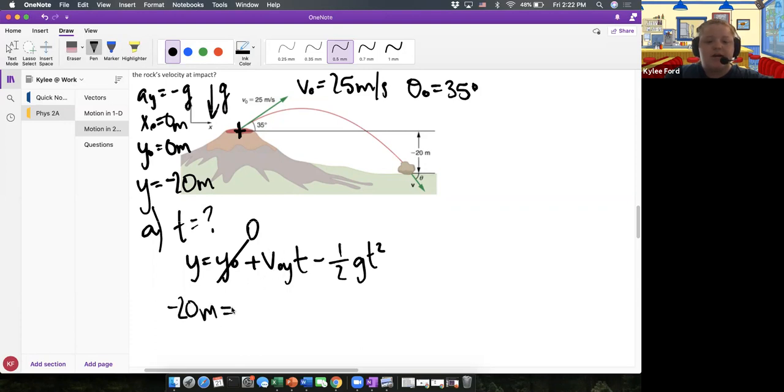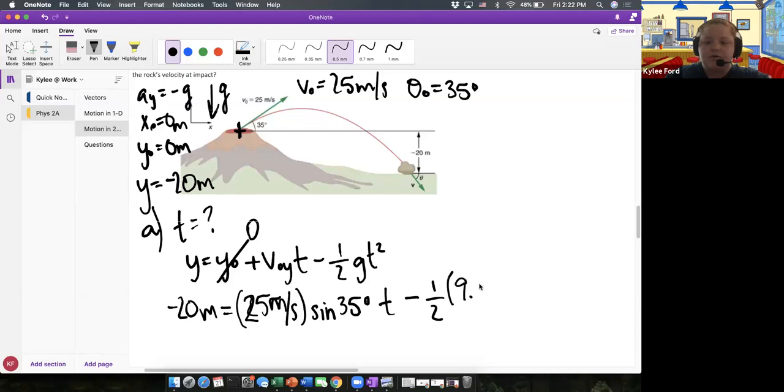And my v naught y is going to be v naught, so 25 meters per second times sine of theta, which is 35 degrees, times time, times t, minus 1/2 times g, which is 9.8 meters per second squared, times t squared.